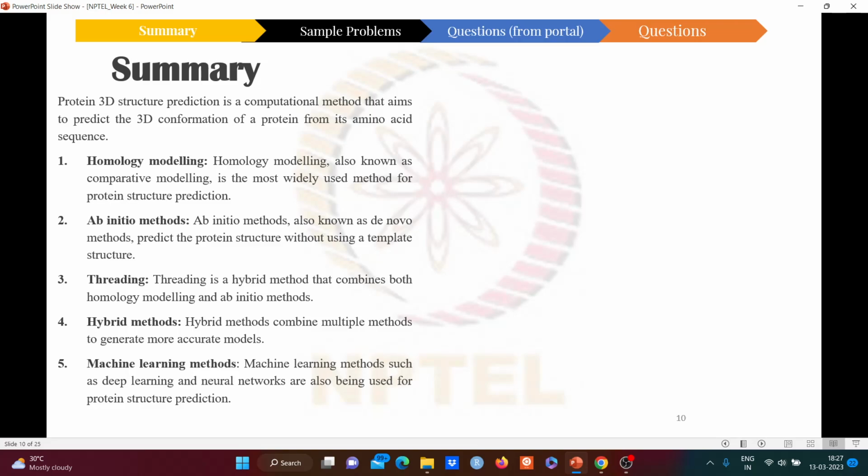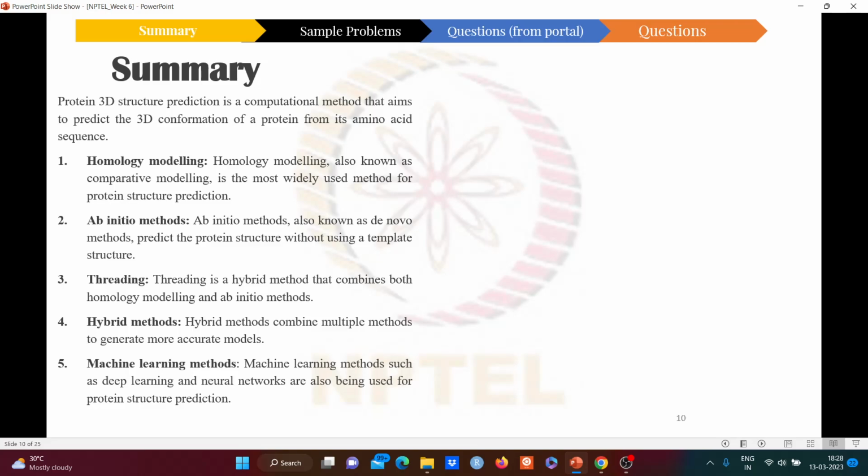Later followed by the nowadays very famous machine learning methods, which use deep learning and neural networks to predict the protein structures. This machine learning method can generate accurate models with high speed, but it also has the limitation that it requires large amounts of high quality training data to build on, because machine learning methods initially train themselves on the data and then give us predictions.